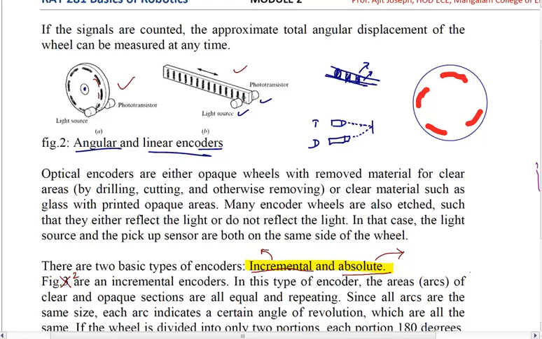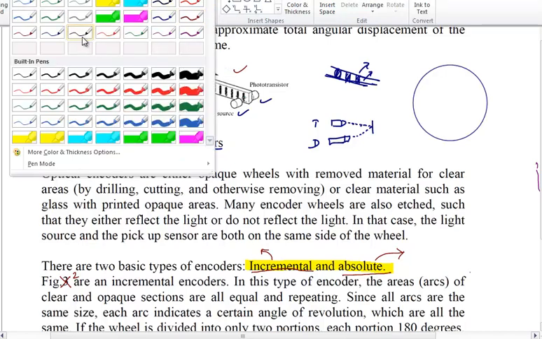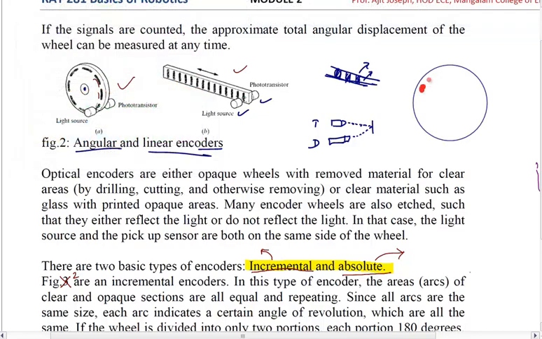So what am I doing? I am basically dividing the circle into various angles. Like that, I can have any number of divisions. I can have very small arcs of opaque and transparent sections, which will give me higher and higher resolution.